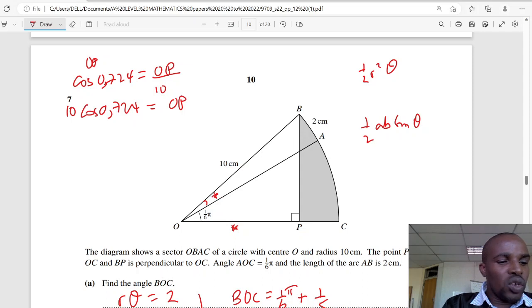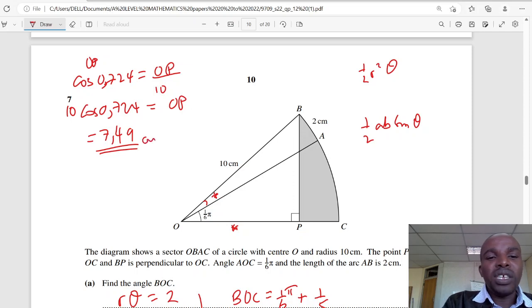Make sure your calculator is in radian mode. So it will be 10 times cos 0.724, which is 7.49. That's OP, 7.49 centimeters.